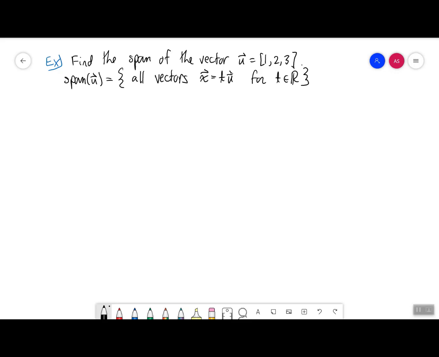Earlier in the course, instead of using the letter u here, we would have used the letter d for the direction vector of a line. So in other words, this is the line through the origin with direction vector u.